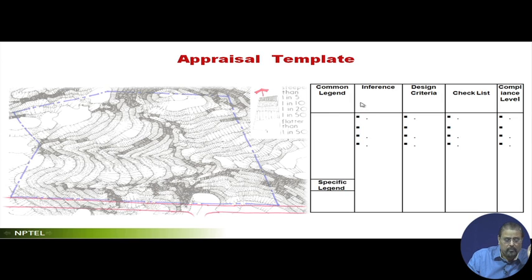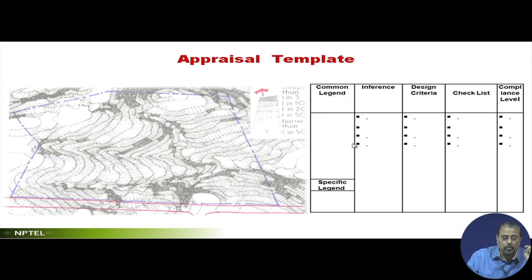This site diagram must have common legends because there will be multiple such analyses. For multiple analyses, at least one set of legends will have the information which is common to everything, like, say, existing contour lines, proposed contour lines, the site boundary line, any other.